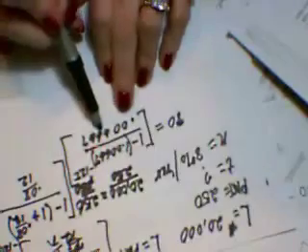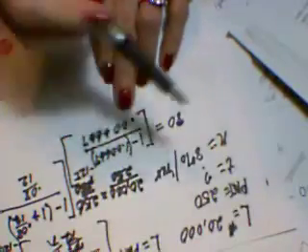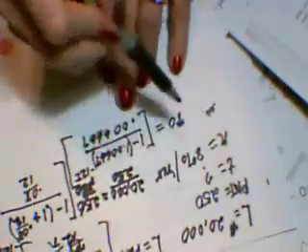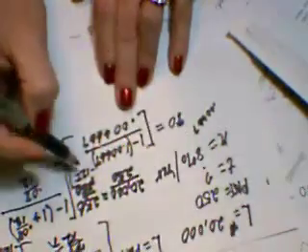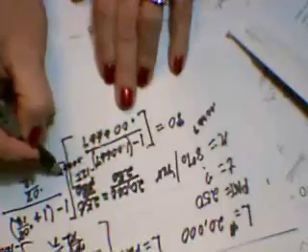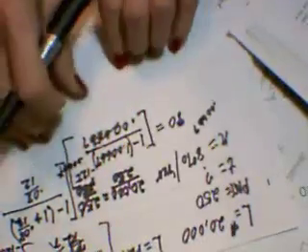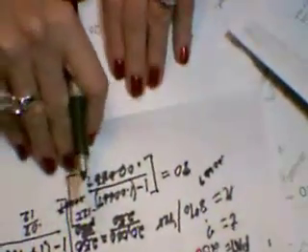But what I can do is get rid of this denominator by multiplying both sides by 0.00667. And that gets rid of the denominator.